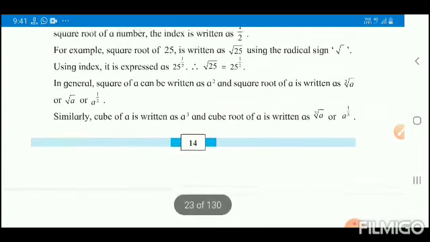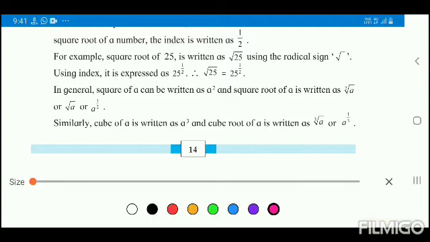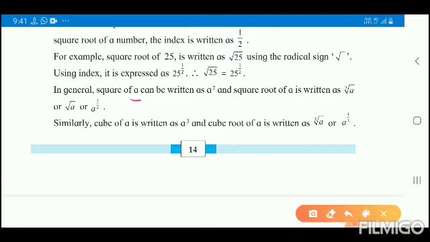In general, if we take the number as a, then the square of a we write as a raised to 2, and the square root of a we write with the square root sign. Here look, this sign indicates the order is 2.